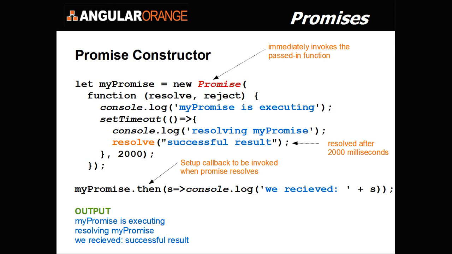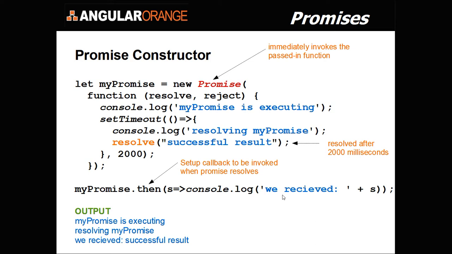Okay, so then right after that, I do myPromise.then. What I'm doing with that is I'm setting up a callback, and once again I use an anonymous function with the fat arrow operator, and basically when the resolution of that promise comes back, it comes in as an argument s, and I pass that s to a console.log "we received" this particular object.